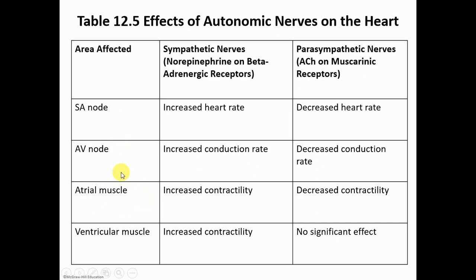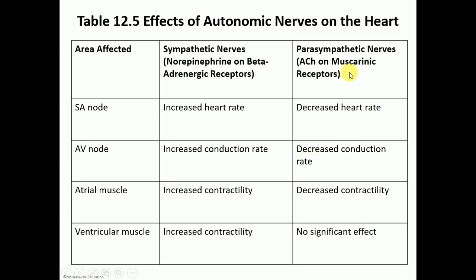On the nodes, it'll stimulate both of them. It'll increase your heart rate due to stimulation of the SA node. It stimulates the AV node, so action potentials will go faster and reach the ventricles faster, which increases the conduction rate at the AV junction. It increases the force of contraction of the atrial and ventricular muscle fibers, so the heart is going to be pumping faster and stronger.